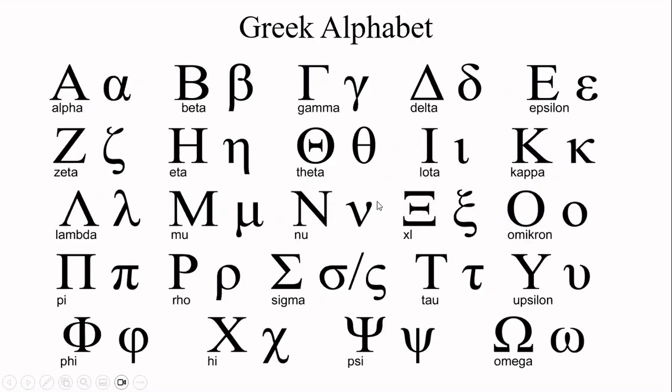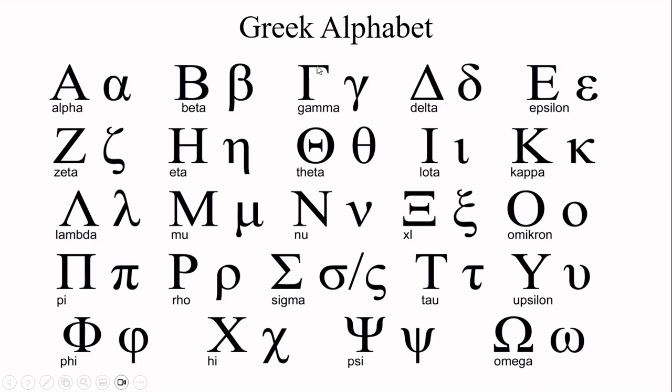Here's the whole Greek alphabet. We have alpha. Now, same as in English, there's a capital and lowercase. The uppercase is exactly the same as in English. Alpha and lowercase alpha. Beta, same as our English letter B, lowercase beta.